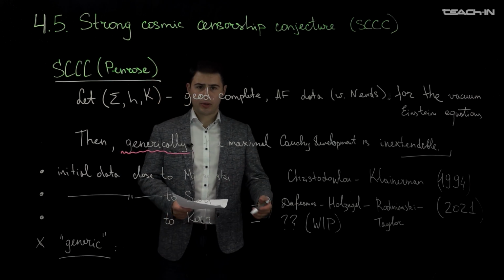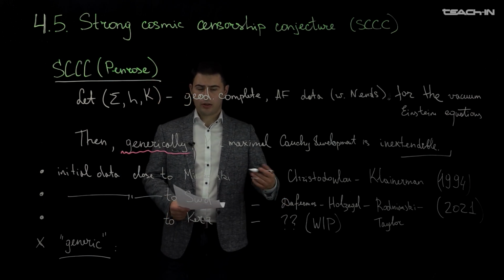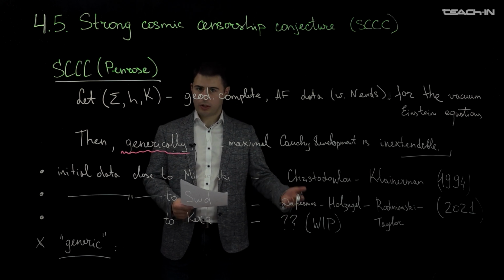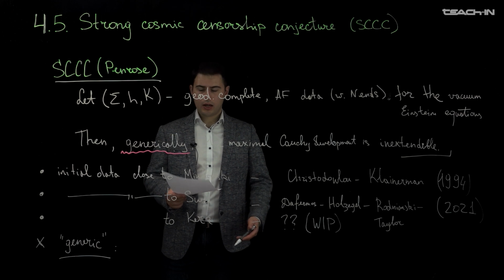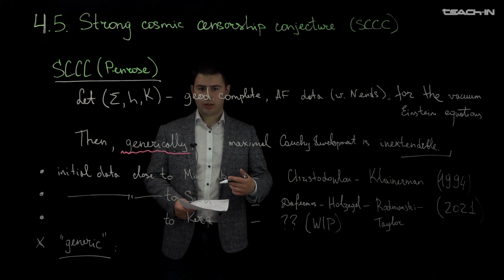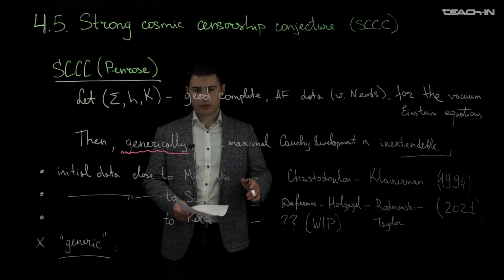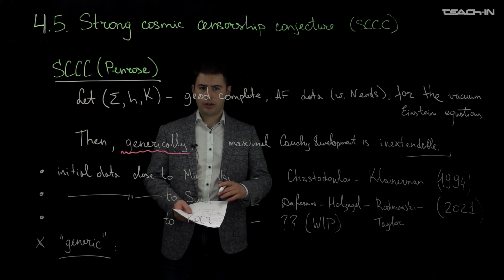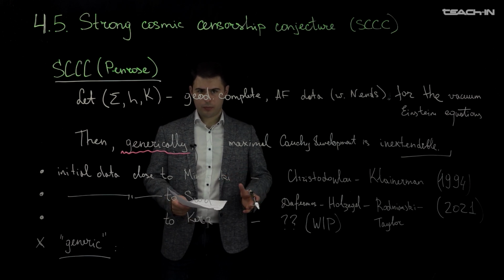So what is generic? In the charged black hole, that is Reissner-Nordstrom spacetime, and rotating black holes, that is Kerr spacetime, they feature two horizons. And the interior horizon is actually the Cauchy horizon for the initial data. However, this is a mild pathology because this feature is hidden in the interior of the black hole.